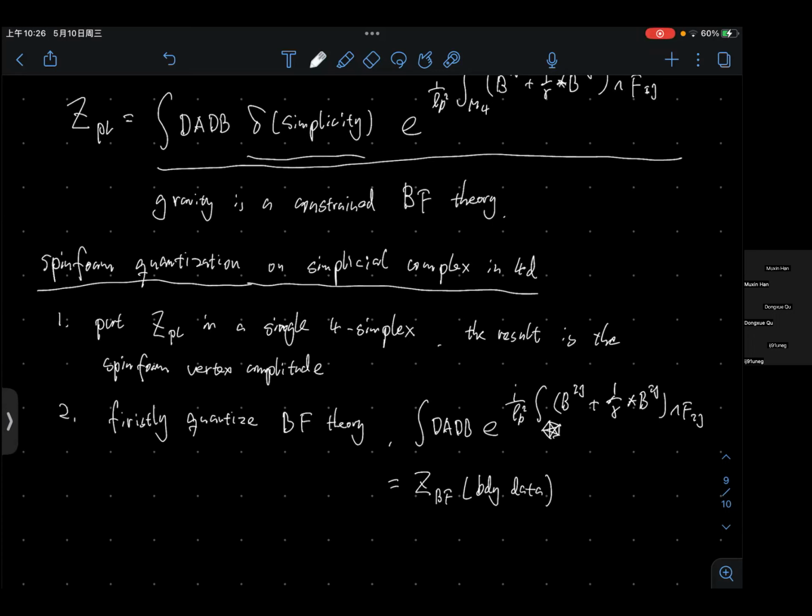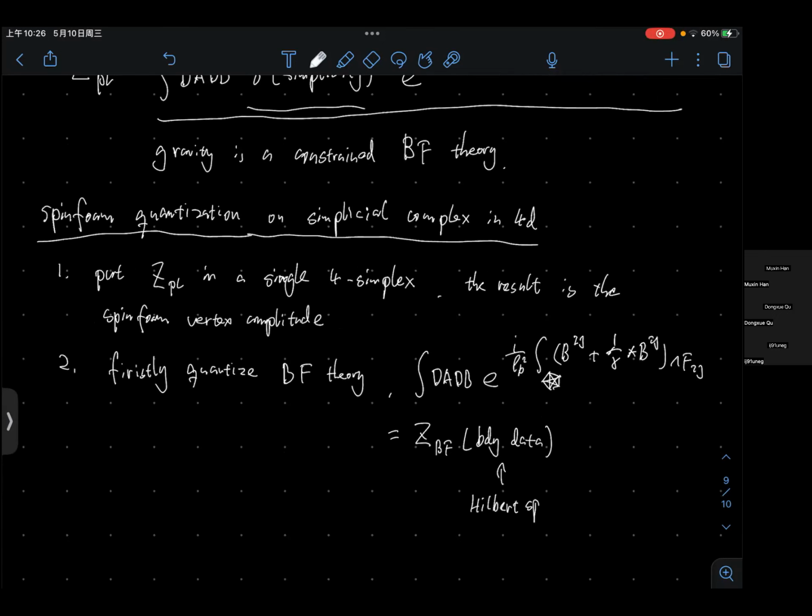So here, remember, for the BF theory, inside the 4 simplex you get the 15J symbol, and the boundary data are those spins and intertwiners. Or more precisely, the space of boundary data will give you a Hilbert space, the boundary Hilbert space, which is just the Hilbert space of boundary data.